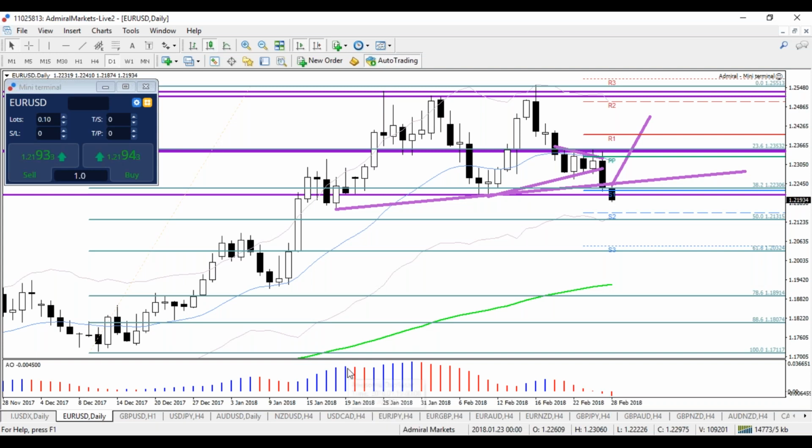Yeah, the Camarilla is good because it's a very good support and resistance tool, definitely. And then with the moving averages, you get a good view on trends. So it's a good combination: trend, and then you got support and resistance.